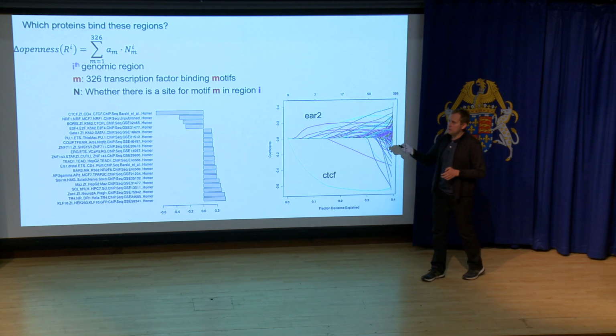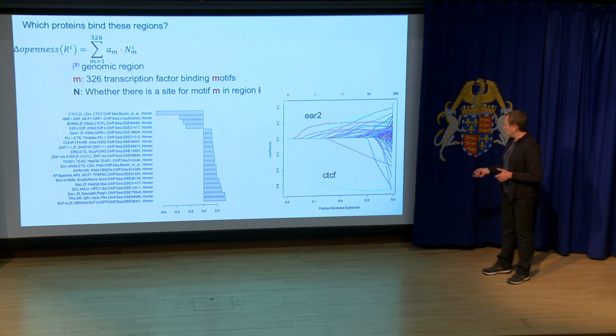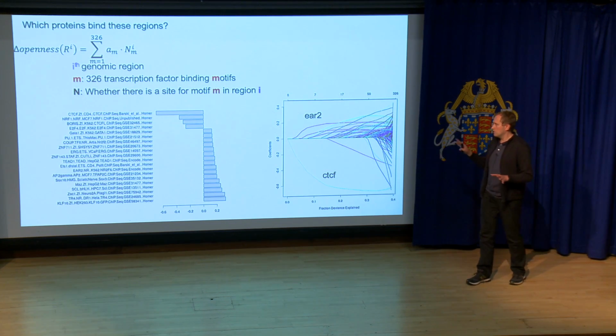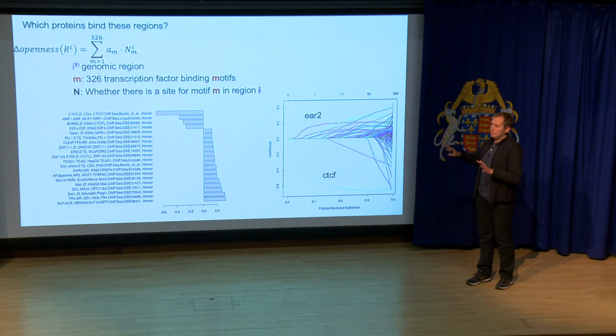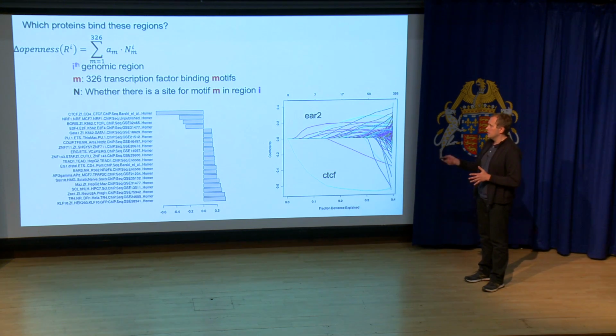And overall, using this model, I managed to explain almost 40% of the variance in the data, which is amazing, because I was doing these kind of things before for transcription factors and promoters, and I never got more than 15%. If I got 15, it was amazing. I got almost 40 here. So it's really like I'm capturing almost everything using these motifs, and the CTCF is on top of it.